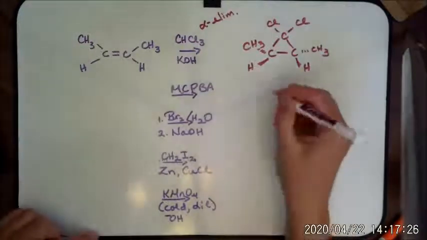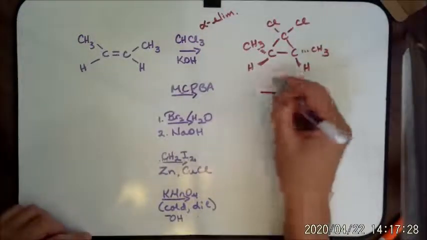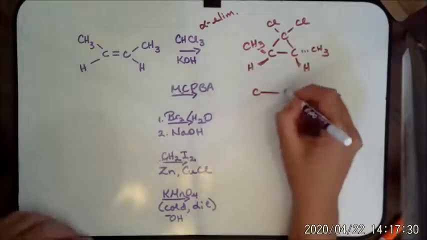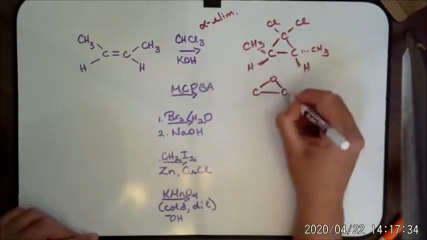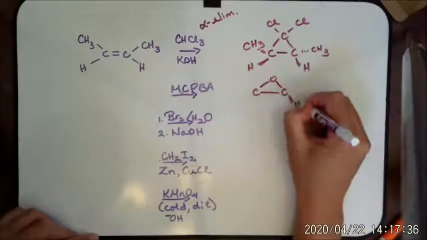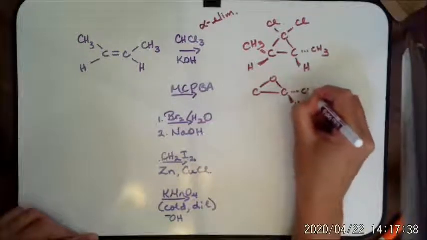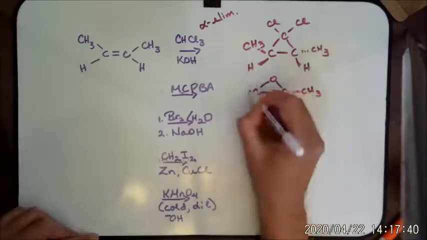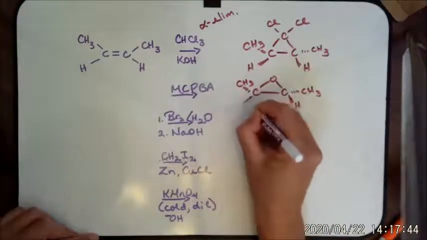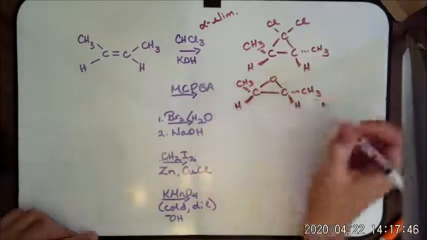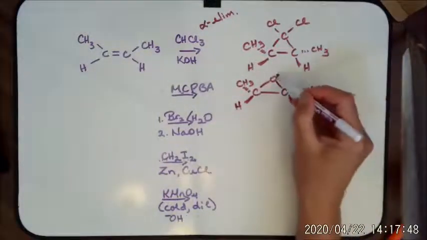What happens if we form an epoxide? Likewise, with MCPBA being concerted, we're just going to form this. There's no enantiomer.